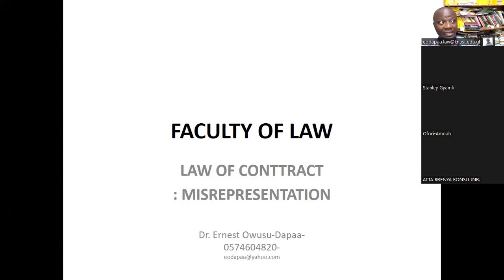And I think the other significant thing we touched on is the fact that we have three types of mistake. We have the common mistake, in which both parties have made the same mistake, especially res extincta, where they thought that the subject matter of the contract actually existed at the time they were making the contract, when as a matter of fact, it did not exist.